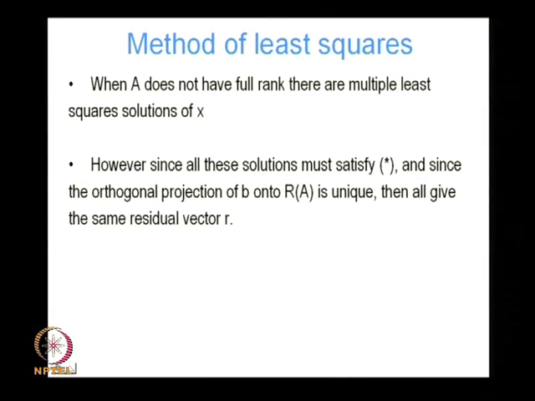The residual vector is also going to be the same, right. So, irrespective of the fact that we have non-unique x, there are a large number of least square solutions x, right, which satisfy the least square criteria, they are all going to give the same residual vector R.